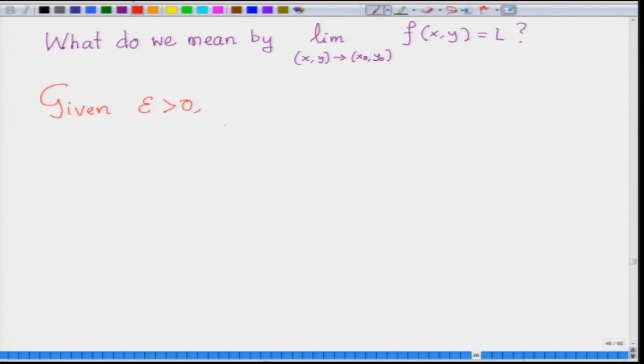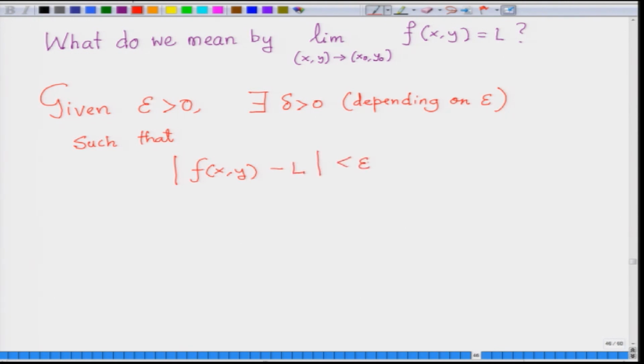Given epsilon greater than 0, there exists a delta greater than 0 depending on epsilon such that the mod of f(x, y) minus L is less than epsilon whenever (x, y) is not the same as (x naught, y naught) and lies in the open ball.